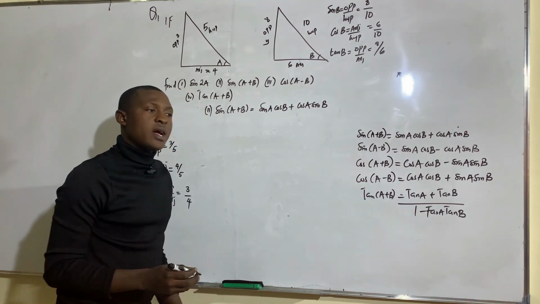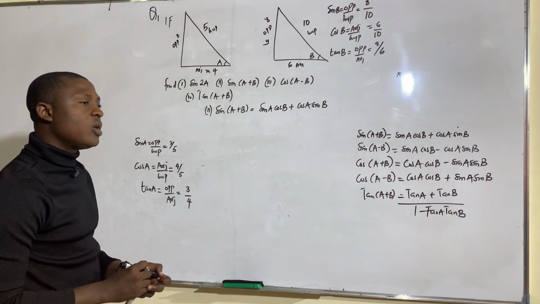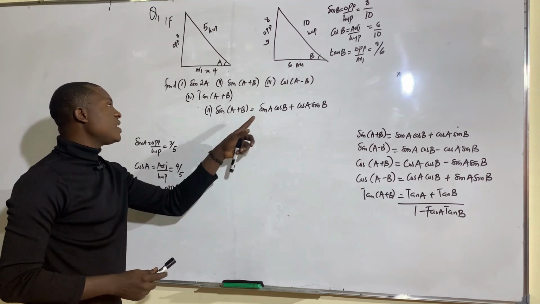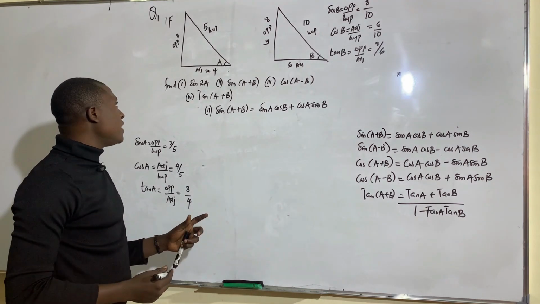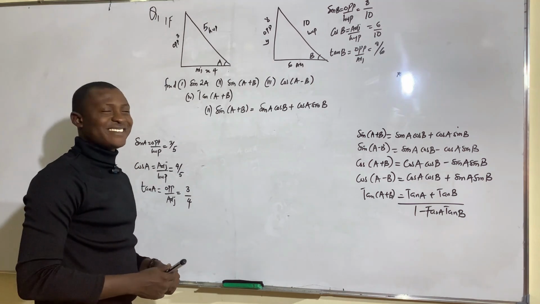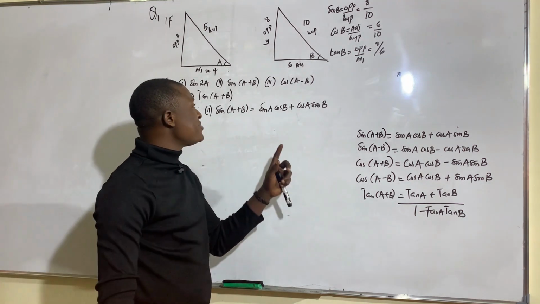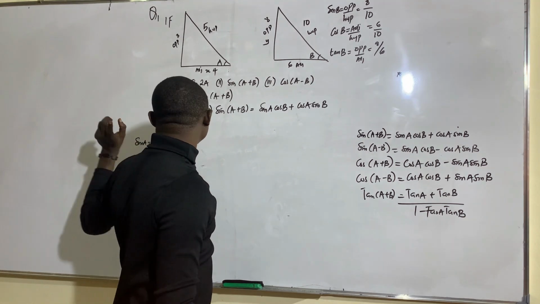So now I can substitute the values I got, one after the other. What do we have for sine A? Sine A that we have is 3 over 5.